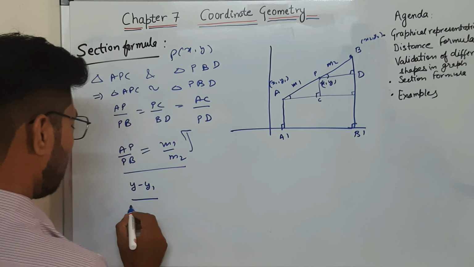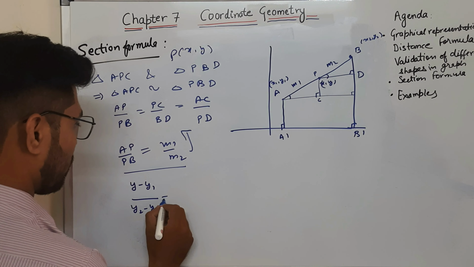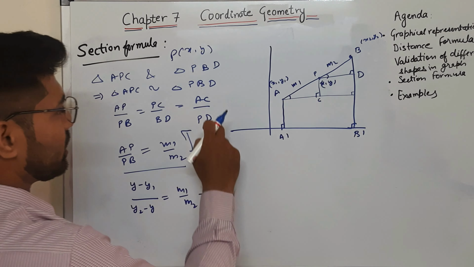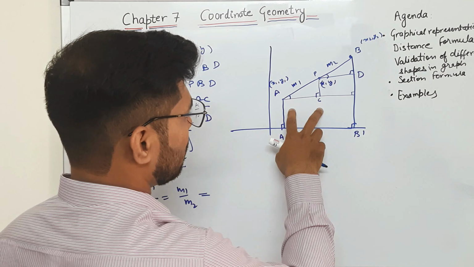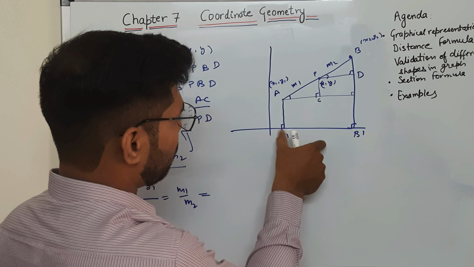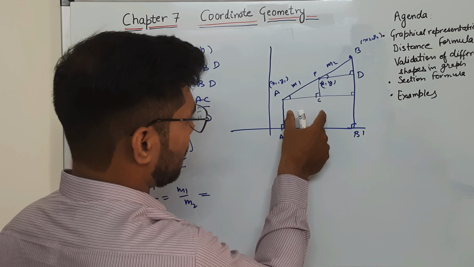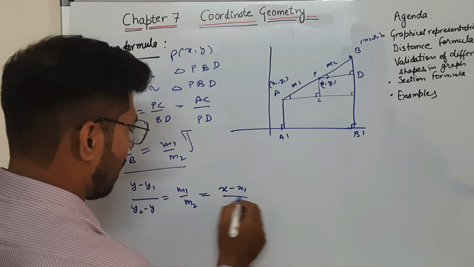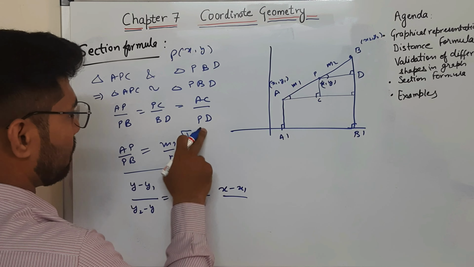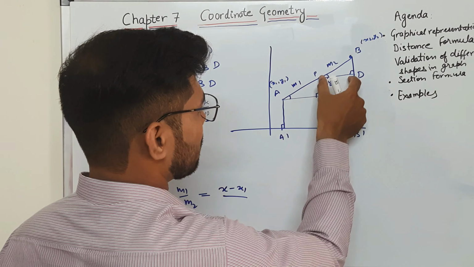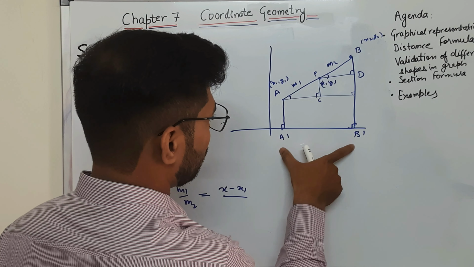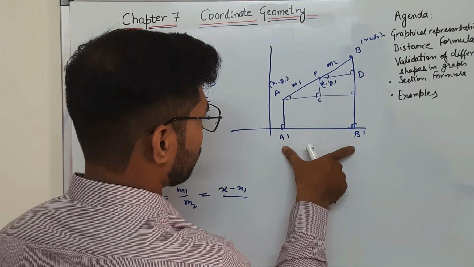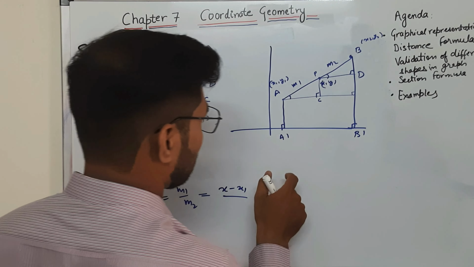So it will be y2 minus y, which is m1 upon m2, and this is also equal to AC upon PD. AC is this one, so this is the complete x, and if you subtract x1, you will get AC, which is x minus x1, upon PD. What is PD? This distance is y2 minus y, and this one is x2 minus x1.